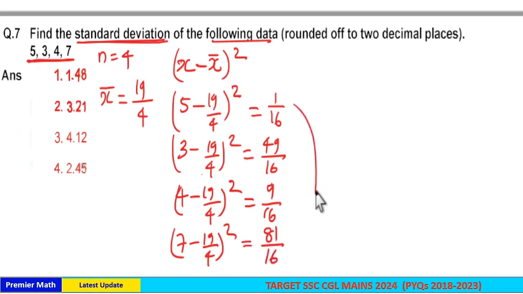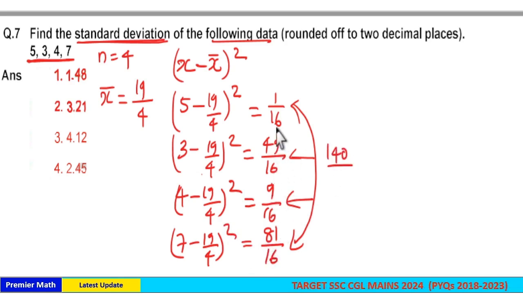Now, take the sum of all these terms, which is equal to 1 plus 49 is 50, 9 plus 81 is 90. So, 90 plus 50 is 140. In the denominator, you have 16. So, the sum is equal to 140 by 16.